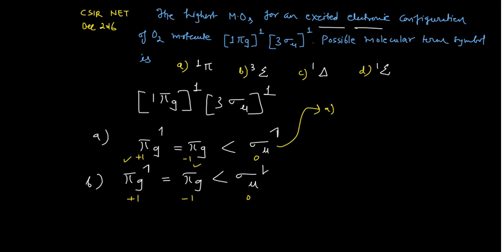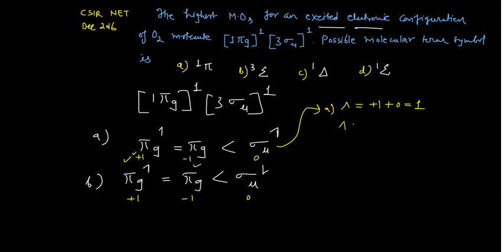So how can you determine? For this one the value is +1, so if you go for lambda, that means +1, and no electron is there in that case, so you cannot put minus here, because to put minus here you have to have an electron here, but the electron is not present. It is the excited state, and for sigma it is 0, so you can write +0, that will give you 1.